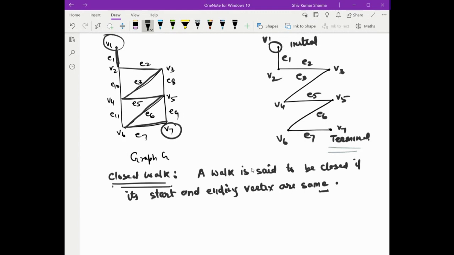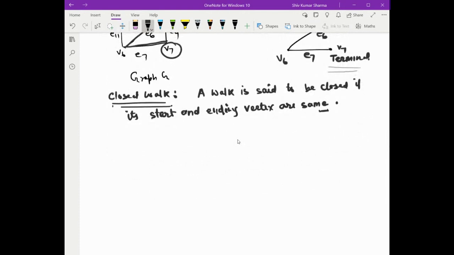So such type of graph is known as the closed walk. So initial and ending vertex are same. So we can take an example of closed walk.